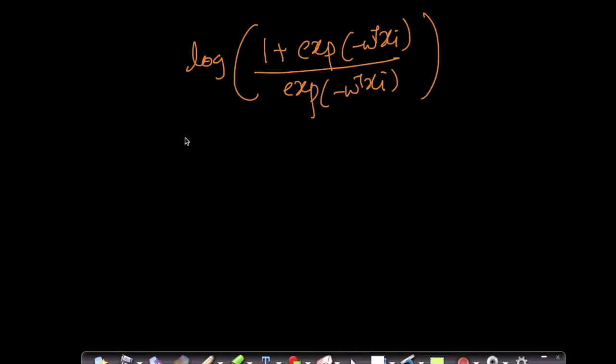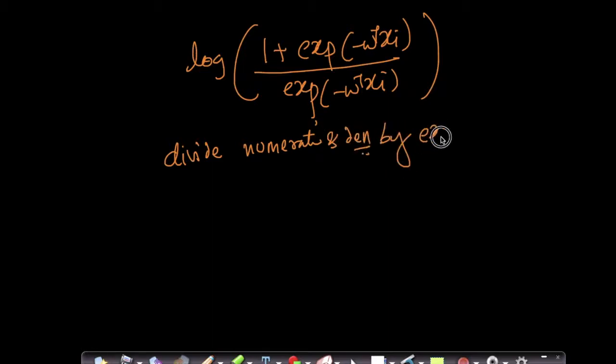Right? Now comes the fun part. Now if I divide numerator and denominator by exp of minus w transpose xi, right? If I divide numerator and denominator by this, what do I get? So this will become 1.